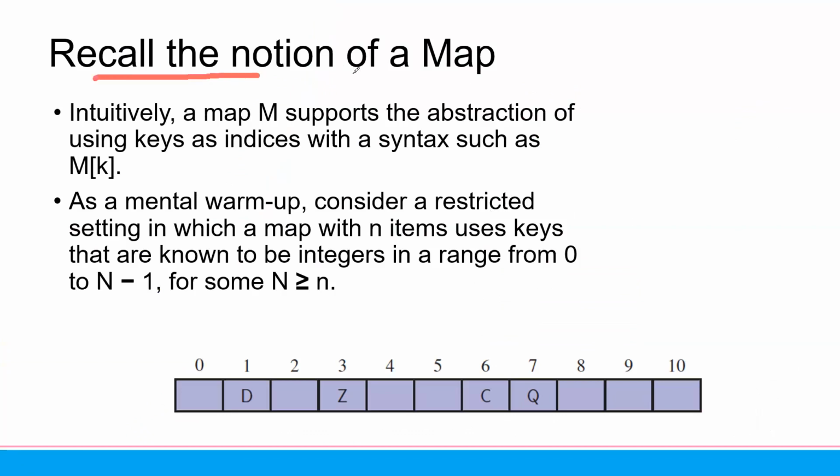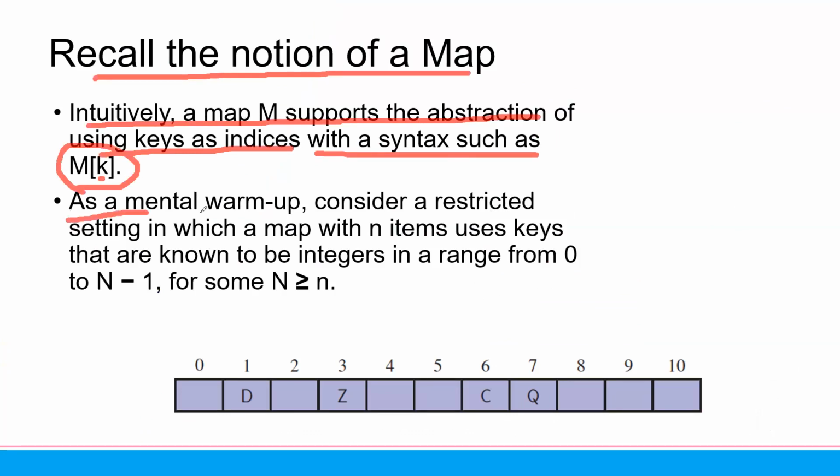So let's recall the notion of a map. A map, intuitively, is an abstraction of the data using keys as the index, with a syntax such as M[k]. So in the quiz, you know M[k] is to get the value with a particular key.